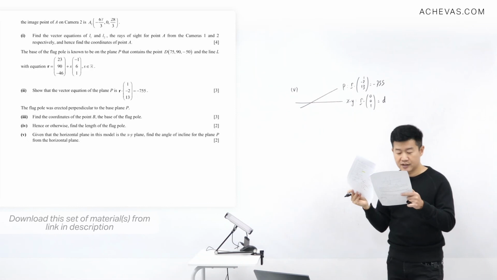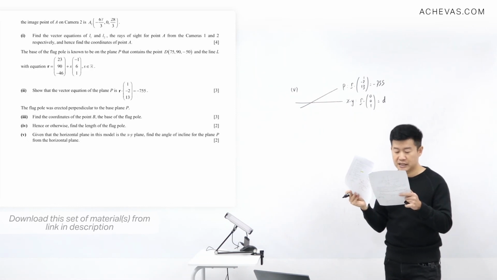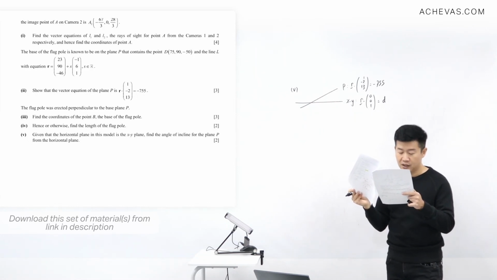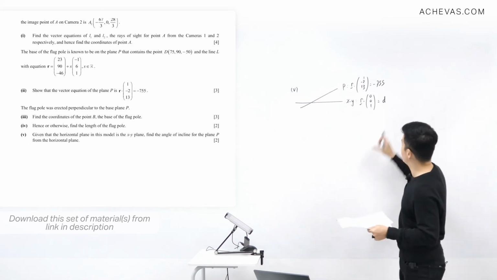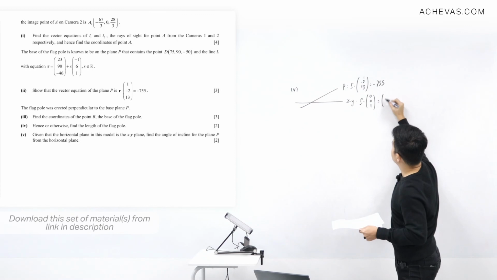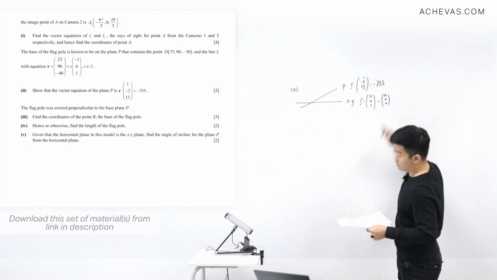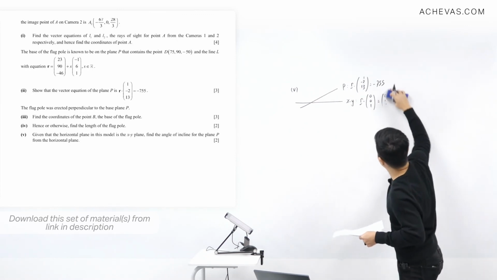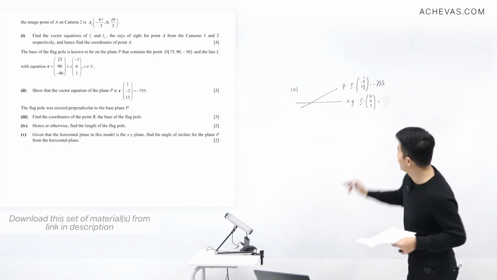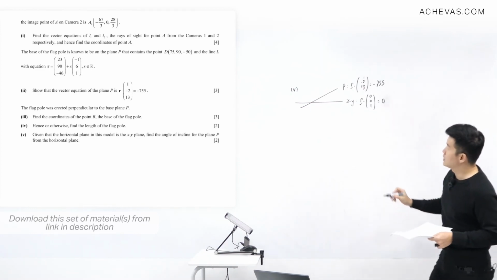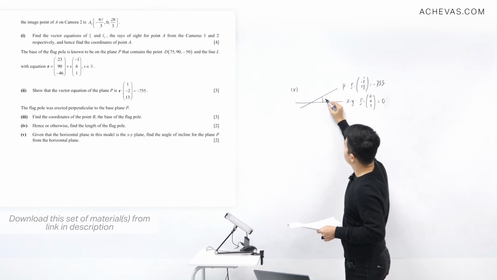So the question says that this horizontal plane is modeled in this model is the XY plane. Okay, actually the XY plane should be passing through the origin. So origin (0, 0, 0) dot this is going to be equal to 0. That is why I was saying that if we know that it passes through the origin here, it's going to be equal to 0. We are supposed to find this angle theta.